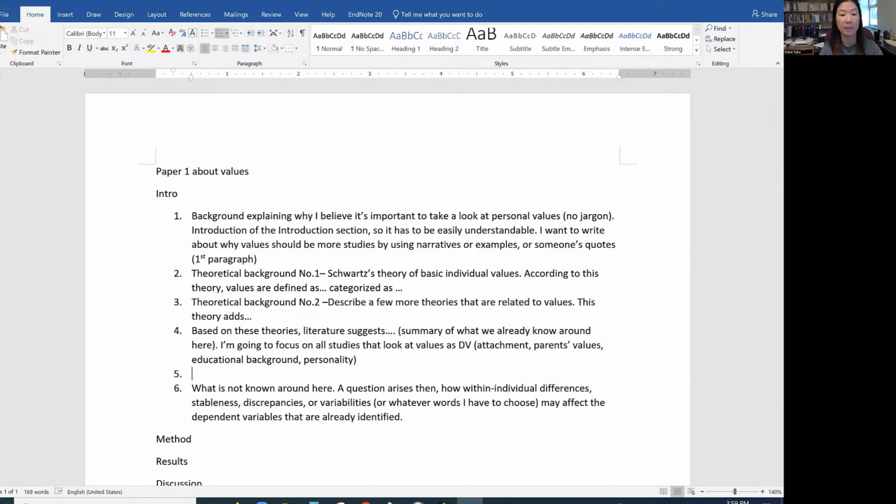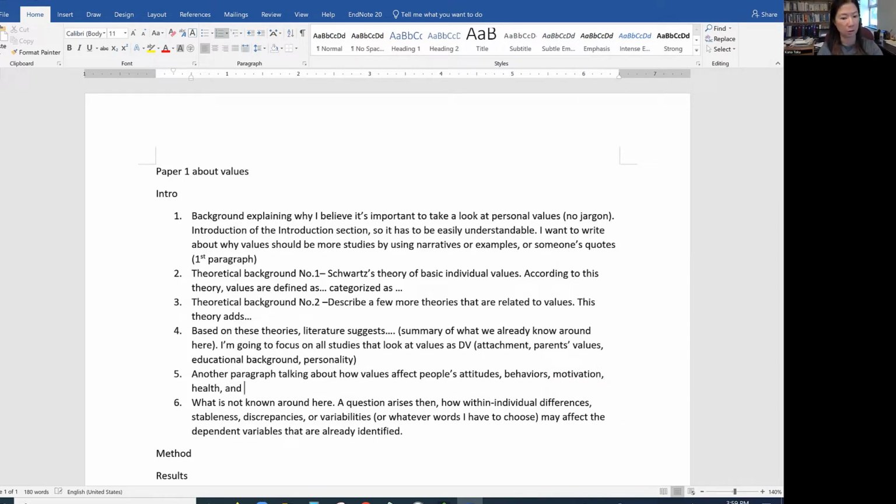But then I'm going to add another paragraph talking about how values affect people's attitudes, behaviors, motivation, health, and so on.